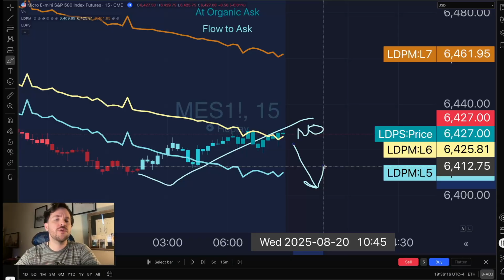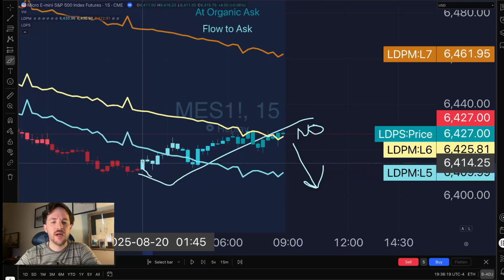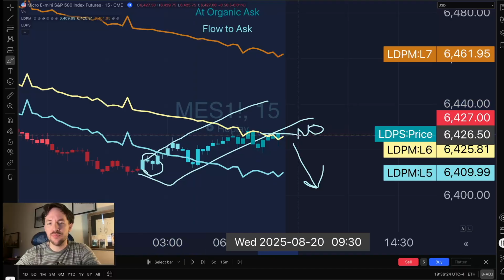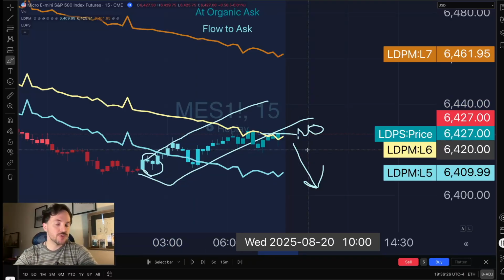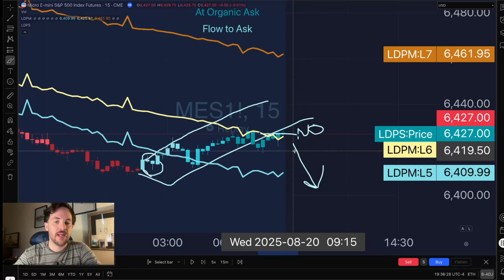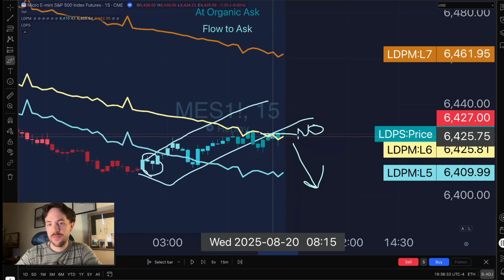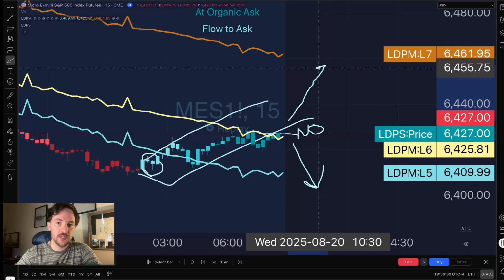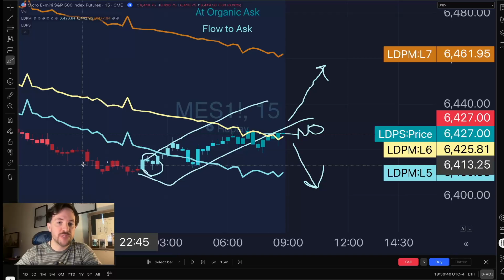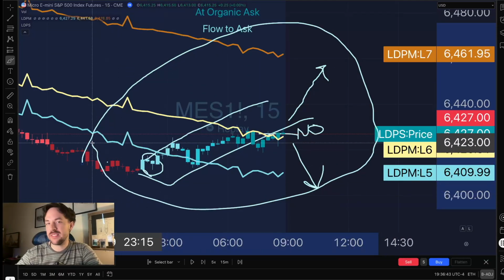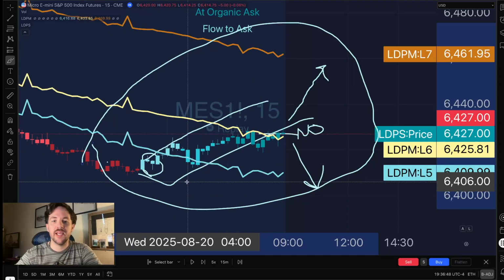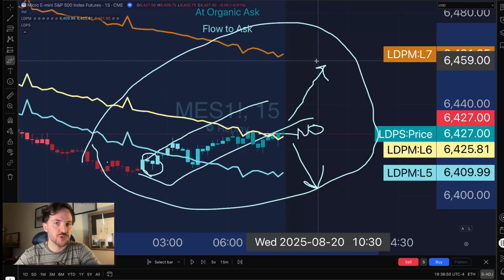Say we had gone long here, and we recognize that this is a bull trap, and now we see price stagnating. That paints the field a little differently, right? Now we can start downsizing, maybe start preparing to exit, even though LDPS is still telling us that the current forces at play are bullish. We know that in totality of the data, LDPM is not buying it, and this is looking much more like a potential bull trap than a true and genuine sustained bullish movement.